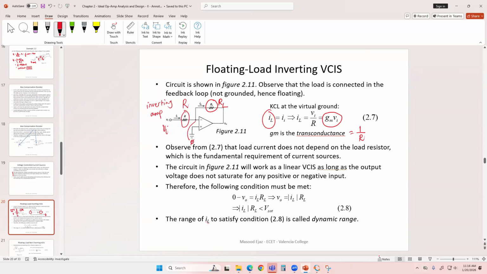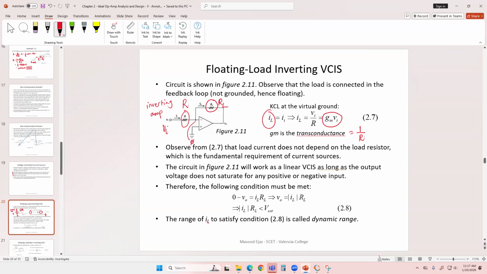Absolute value, because whichever side we consider, positive or negative, we're just finding the value of the load current for which the output will still be less than the saturation voltage. As long as it is less than the saturation voltage, it is going to work as a voltage controlled current source.